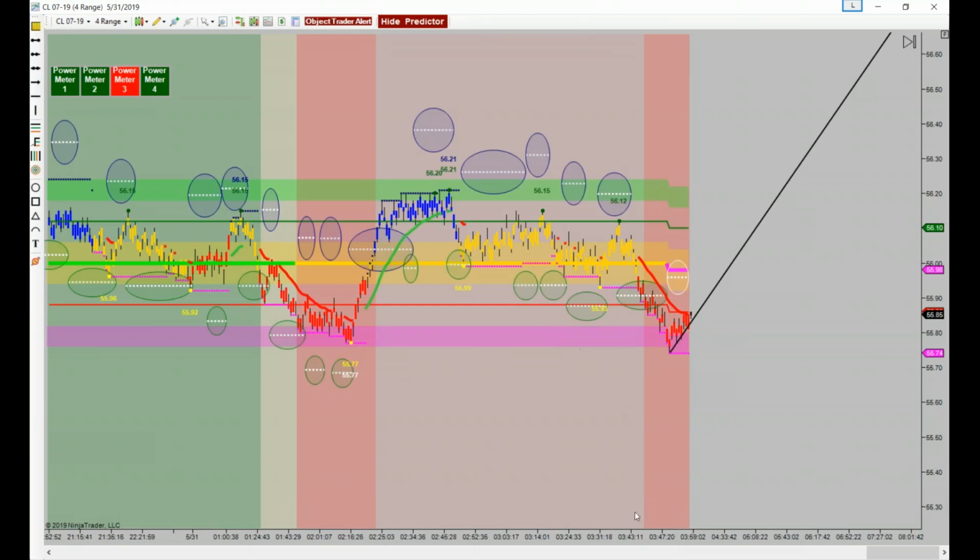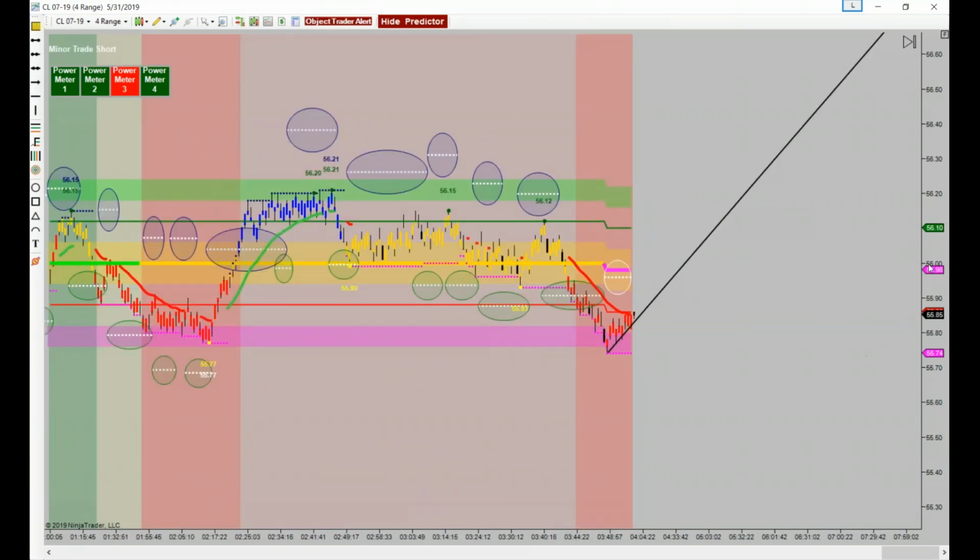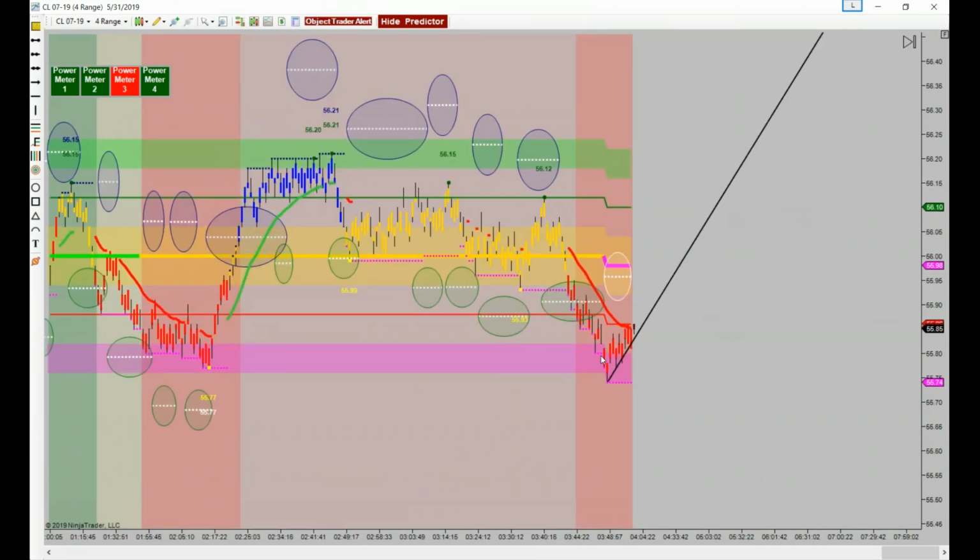But what you want to wait for, first off, is a thrust in your given direction. And by the way, when you see this color of mid-band, you're going to want to be real careful, because the markets have literally gone sideways.